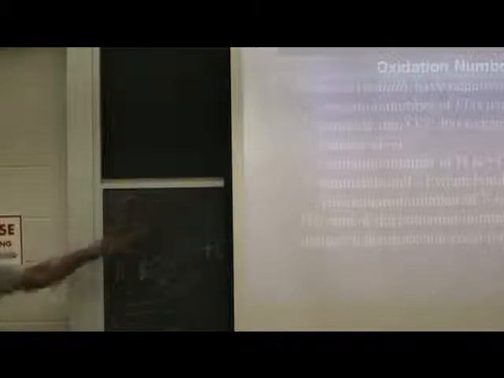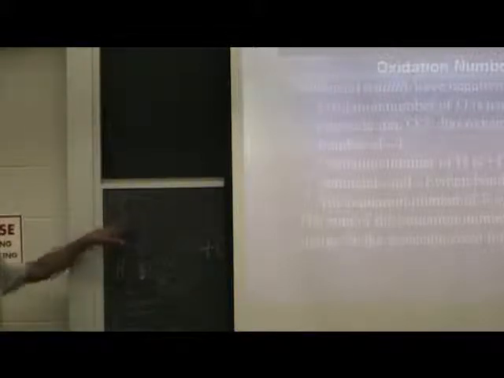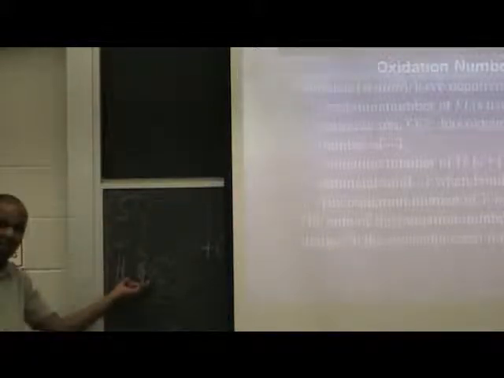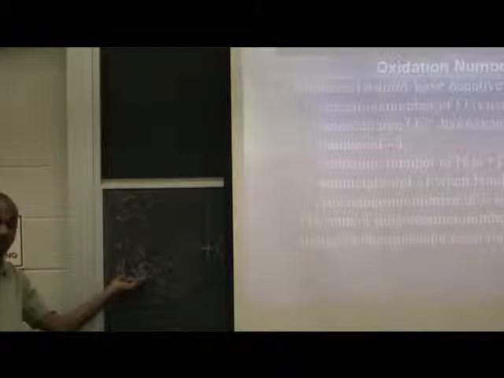For example, what will be the oxidation number of sulfur in the sulfate ion? In this case, the sum of the oxidation numbers of all the atoms in the ion has to equal not 0, but the charge of the ion, which is -2. It would be 0 if it were a neutral molecule.